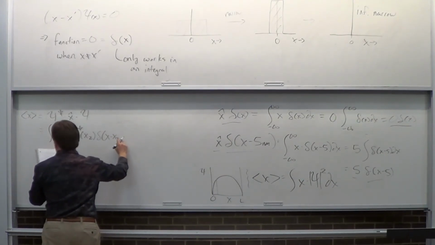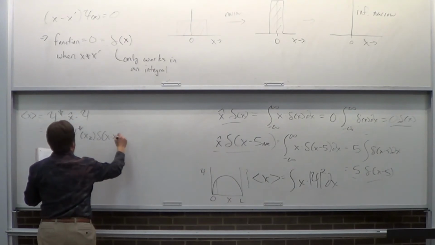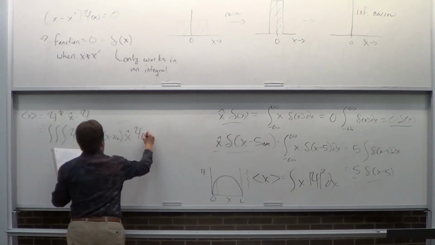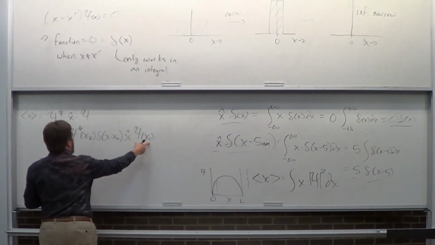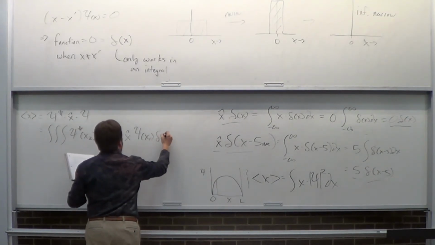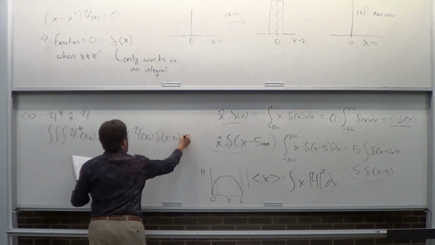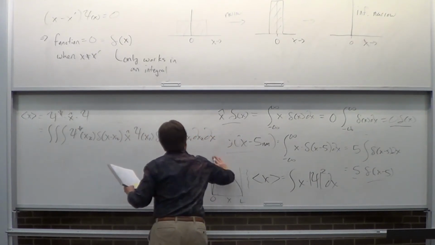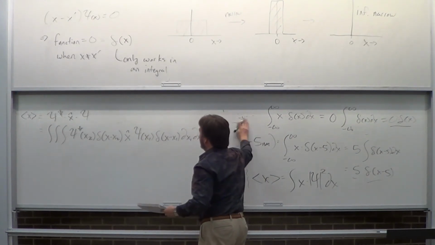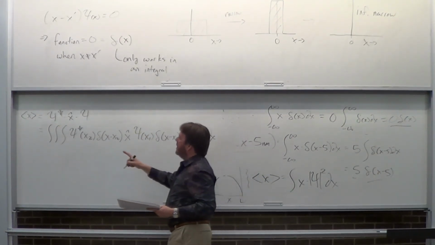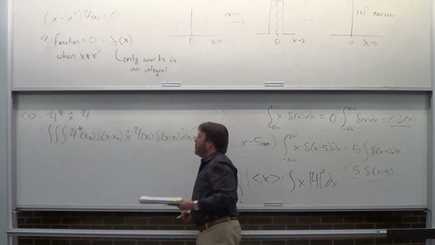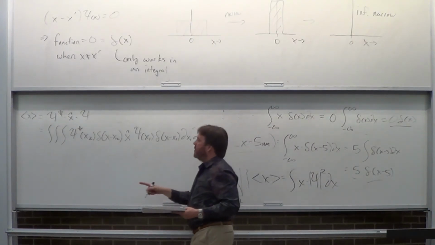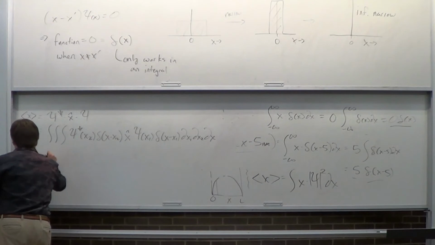I have to keep track of these different x's. So notice it's kind of hideous. I have two wave functions and two Dirac deltas, and so I have two integrals. But because I'm doing an expectation value, there are actually three integrals.